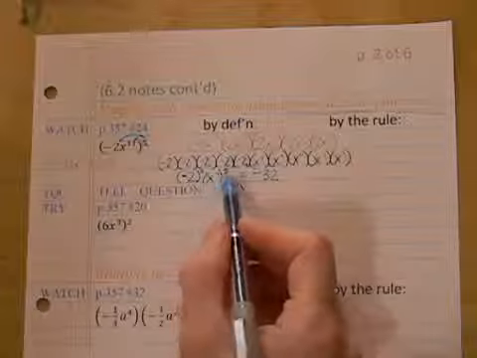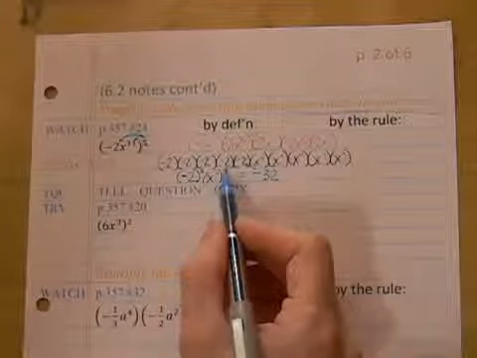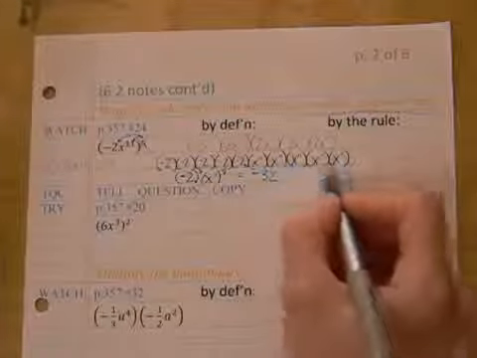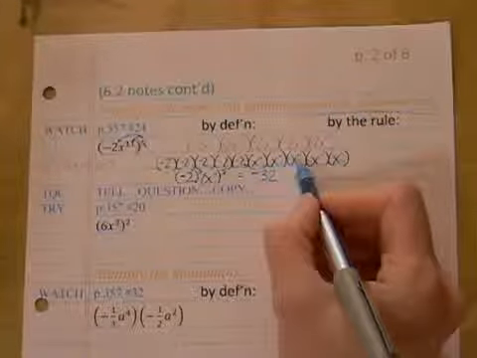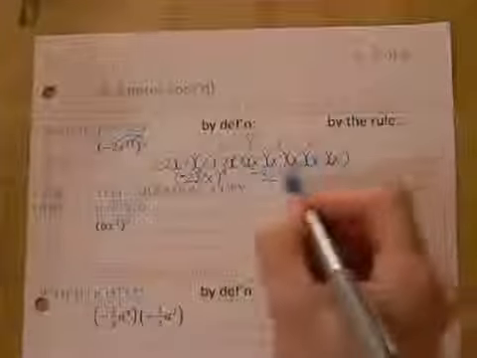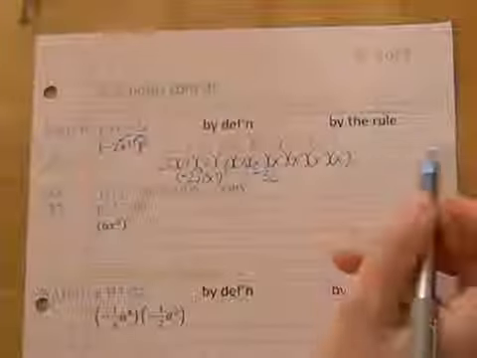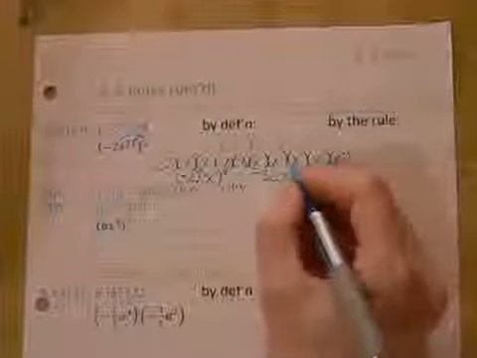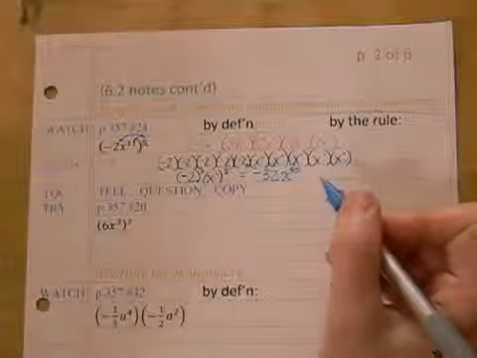X to the 11th to the 5th, using the power to power rule from earlier, you multiply those. You can see it written out here. You've got 11, another 11, another 11, another 11, another 11. We could stretch this all out, use several pages here, and we would end up with 5 groups of 11, which is x to the 55th power.